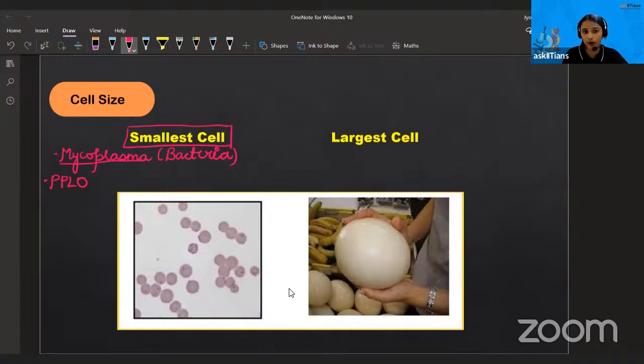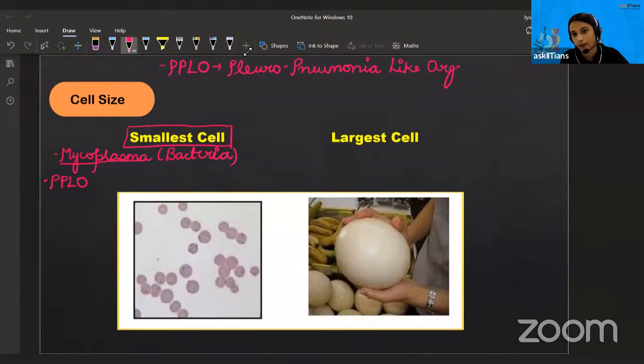What is the full form of this PPLO? Pleuro pneumonia like organism.